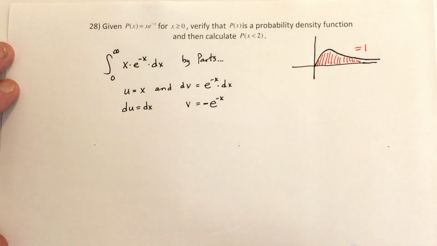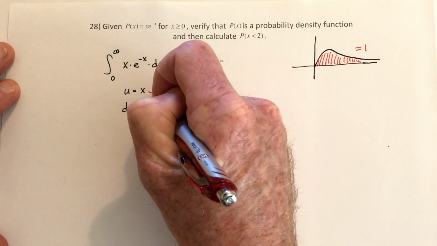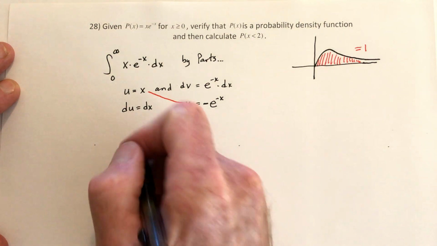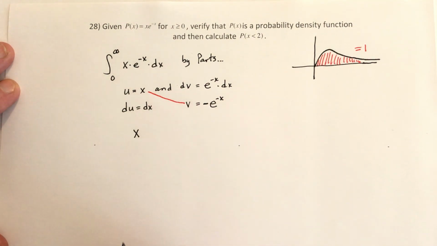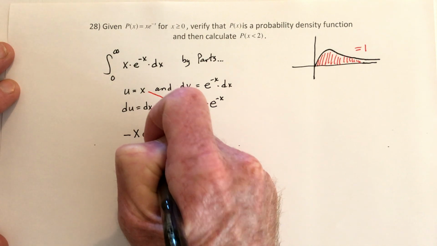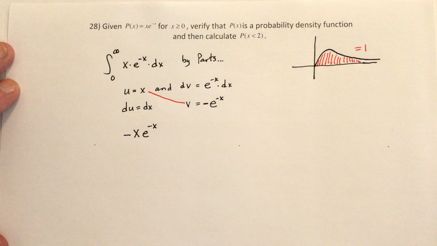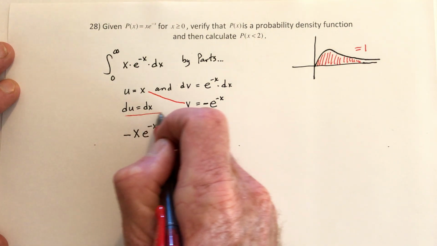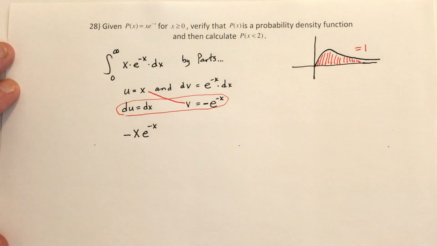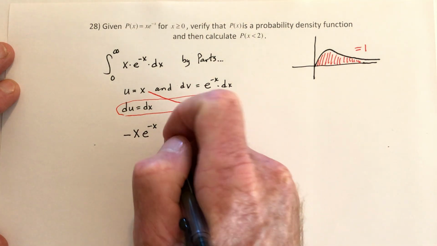And then the way that I like to do integration by parts is then you just multiply on the diagonal. So that's going to be the x times the negative, and I'll just put the negative in front, the negative e to the negative x function. And then you look at the bottom row, multiply those, and that's what we need to integrate.